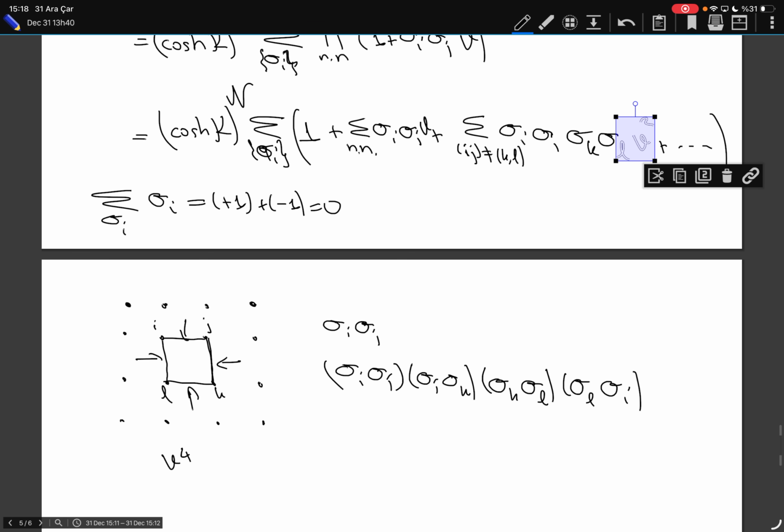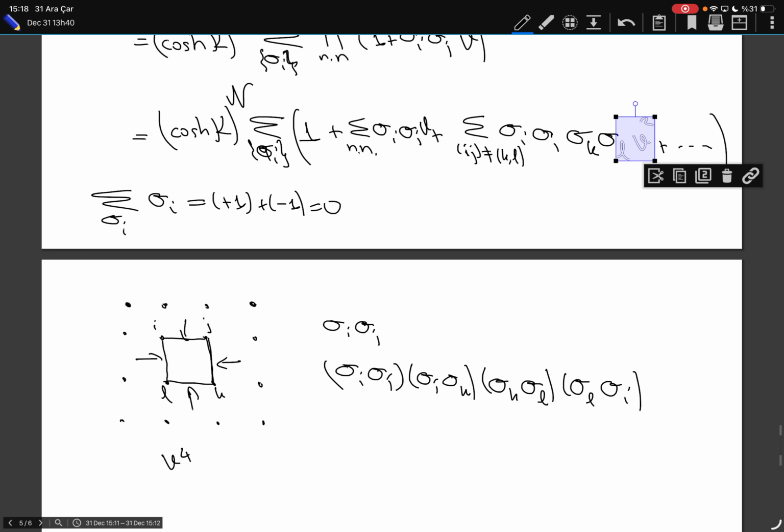There will be a contribution at v to the 4. In the triangular lattice case, you will have a v cubed contribution. So here you also see that the lattice has a significant effect on what you have.